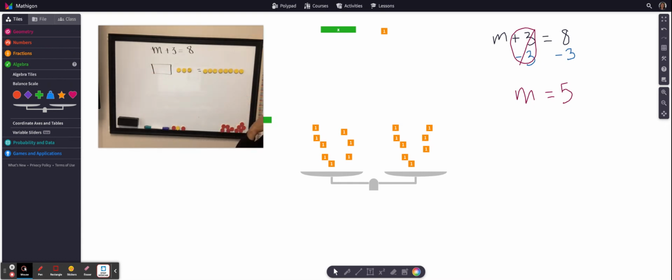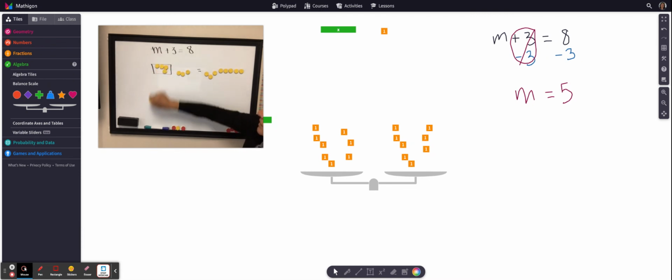Well, these 3 pieces could be representing these 3 pieces right here, right? They're the same. And so whatever else is over here would be equivalent to what's inside this box. Meaning that it looks like I would need 5 pieces, and I can verify it, right? 1, 2, 3, 4, and 5. And 5 pieces plus 3 pieces would equal 8.